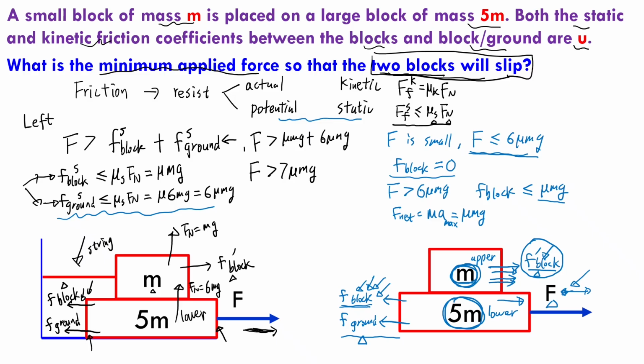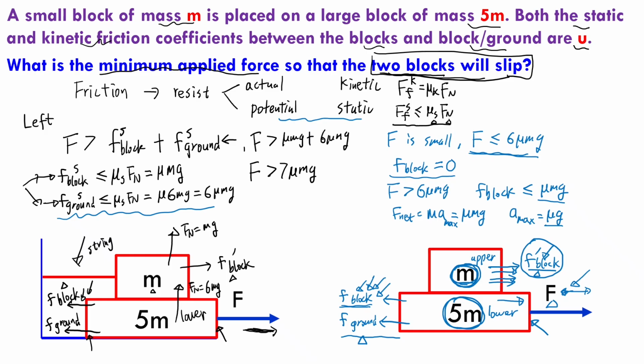So that means for this upper block, its maximum acceleration is mu g. If the acceleration of the lower block is larger than mu g, then the upper block cannot catch up. Then they will slip.